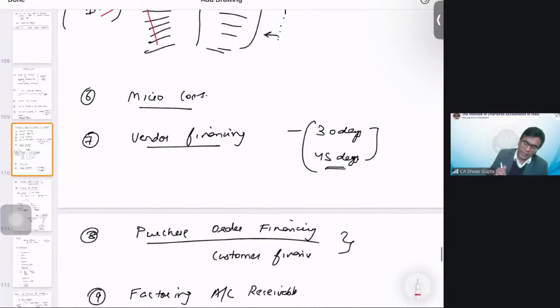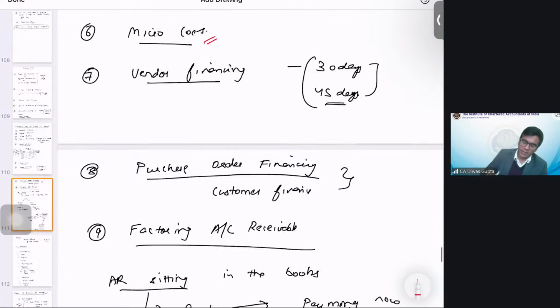Then microloans. Microloans are a specific segment offered by a lot of banks wherein they will give you smaller loans at a cheaper rate of interest. Then there is vendor financing, students. Vendor financing means asking for extended pay terms from a vendor. If it is, let's say, 30 days, asking the vendor to extend it to, let's say, 45 days, 60 days, so that you enjoy a higher credit period.